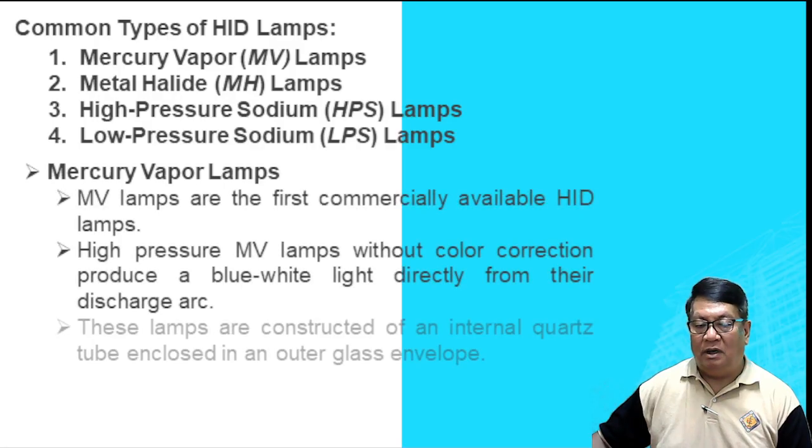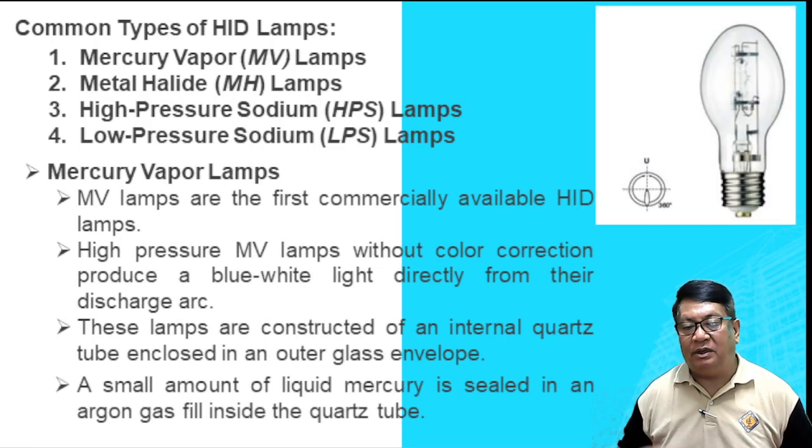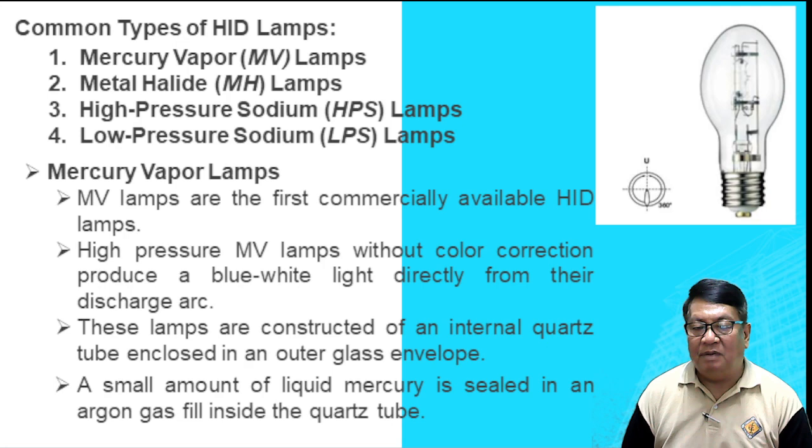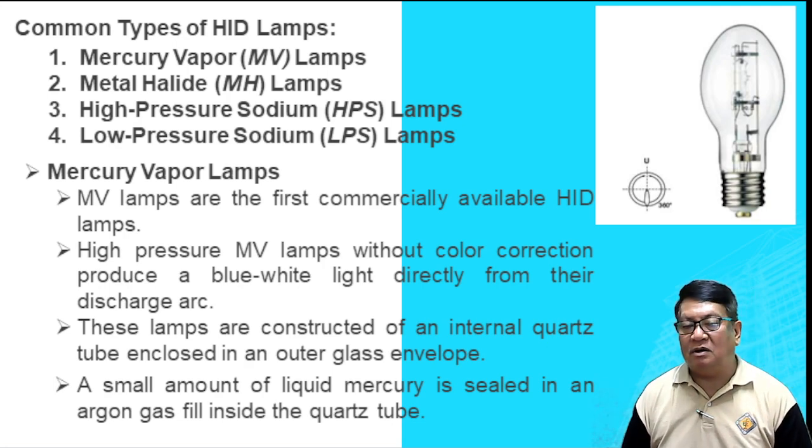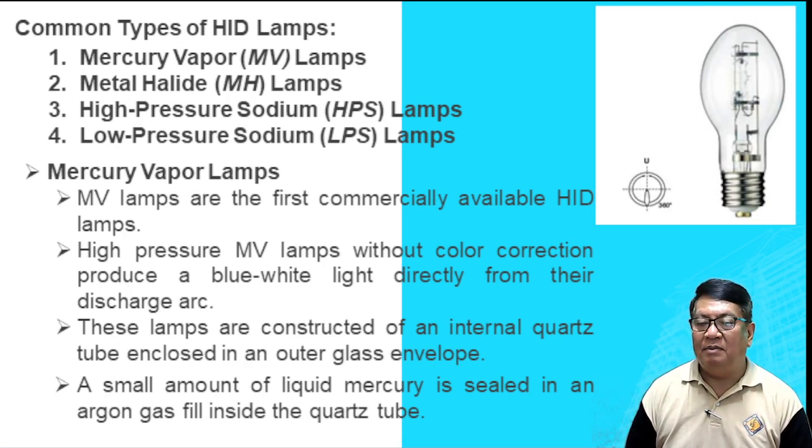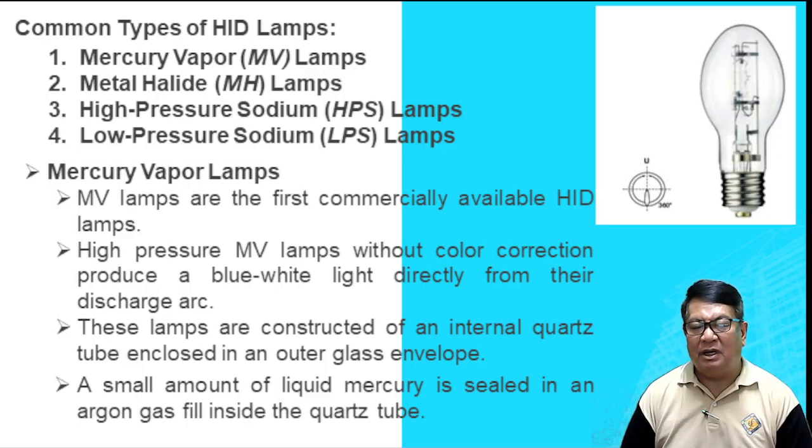Talking about mercury vapor lamps, these are the first commercialized and available HID lamps. High pressure mercury vapor lamps without color correction produce a blue-white light directly from their discharge arc.